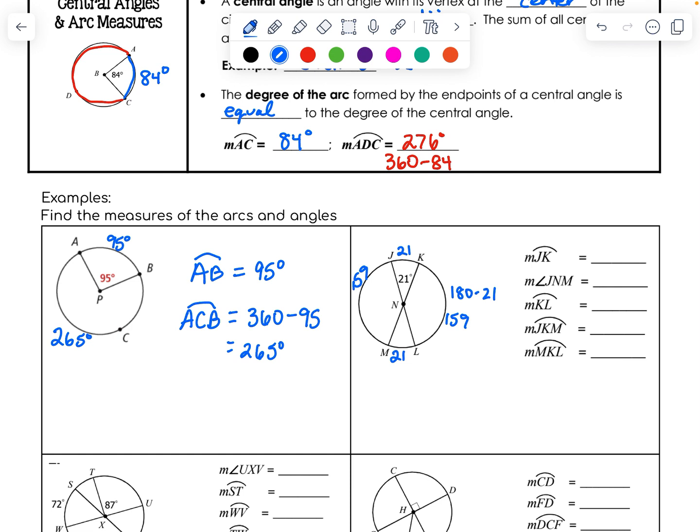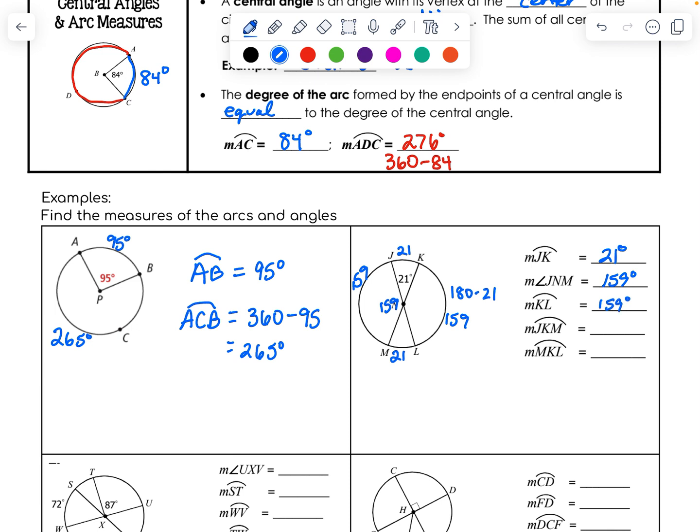So if I go JK, that's 21 degrees. Okay. JNM. Now this says angle JNM. Angle JNM is right here, which is the same as this arc out here. So I now know this is 159 degrees. Okay. K to L, we can see is 159 degrees.